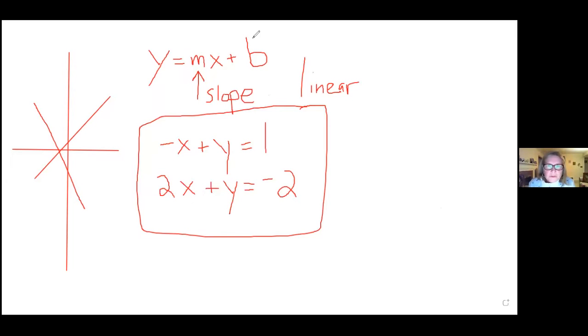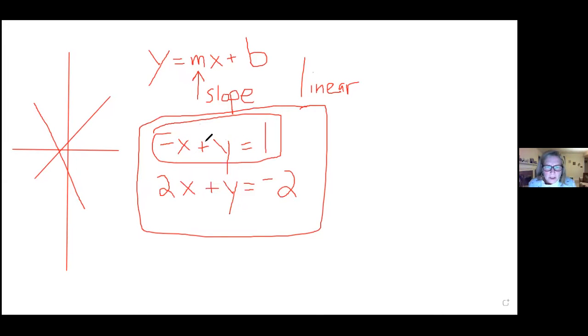So let's first look at this equation here. And by the way, the x's and the y's are variables, and they stand for a number. They represent some unknown. Okay, so let's first look at this equation.